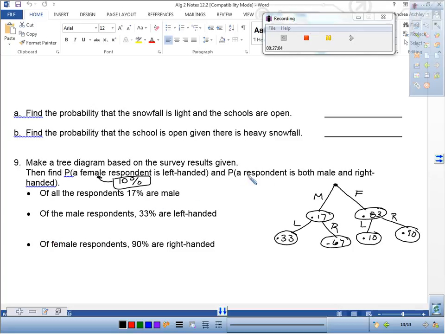A probability a respondent is both male and right-handed. So and again means multiply. So I want to find the probability of being male, which is 0.17, times the probability of him being right-handed, 0.67.